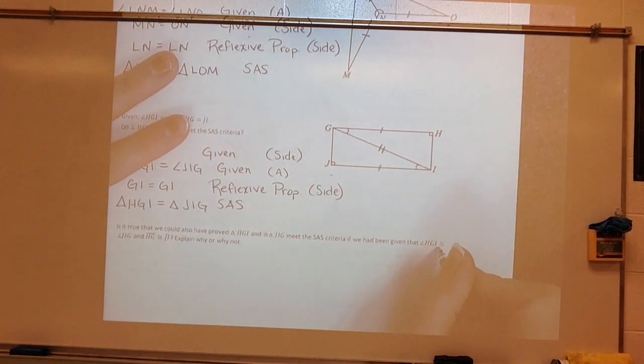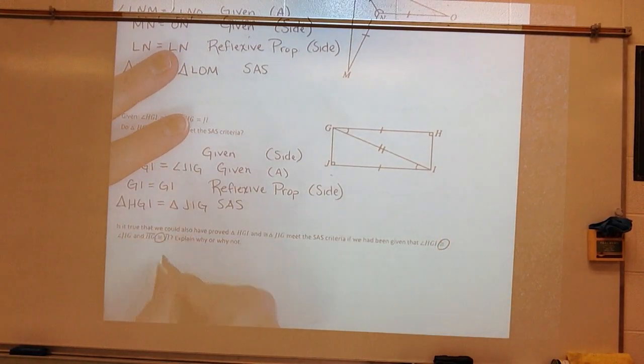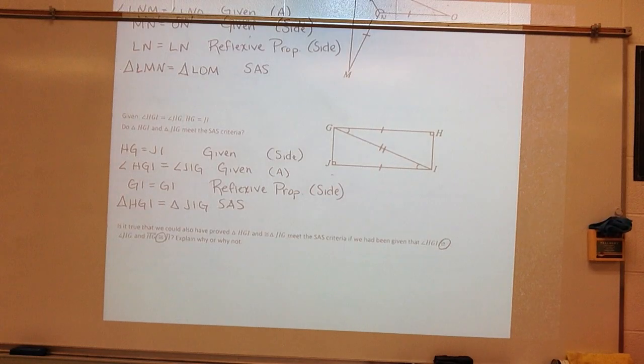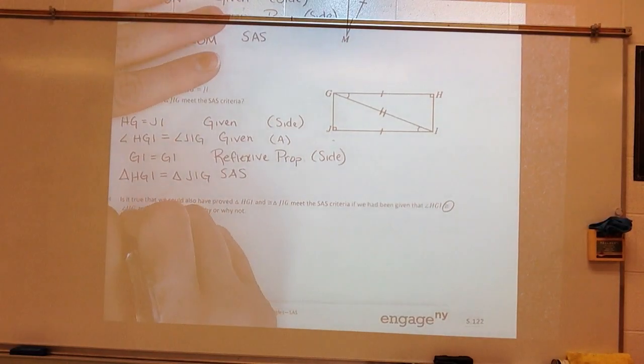Congruent. That's what I'm missing. Look at my signs. It's not that they are equal, it's that they are congruent. If I know they're congruent, what do I know? Whenever angles are congruent, they are also equal. Okay?